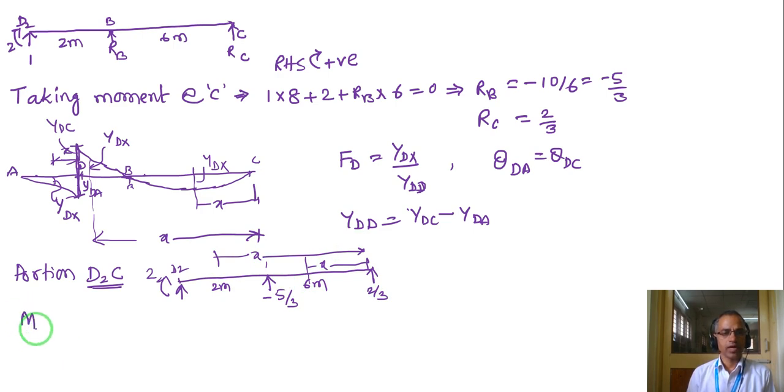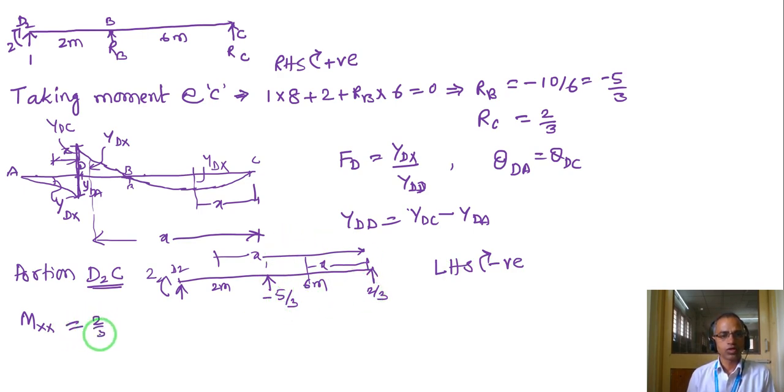So the Mx is equal to, for this portion, 2 by 3 into x. Now I'm going towards LHS. While going towards LHS, clockwise is negative. So this will produce anti-clockwise, so positive.